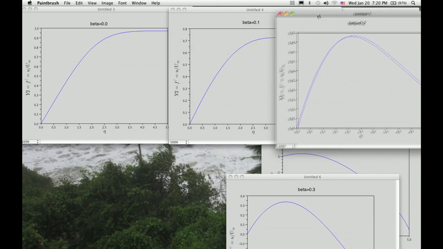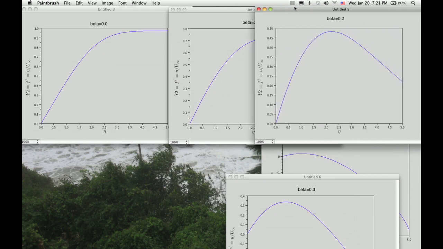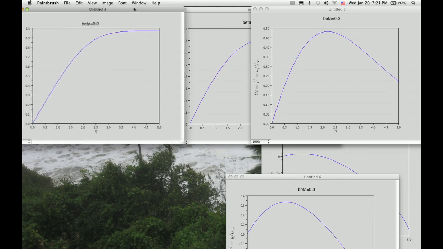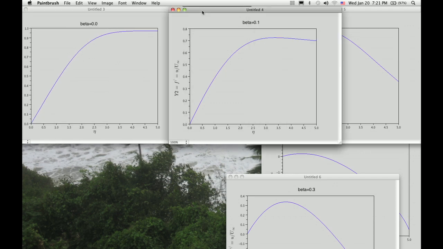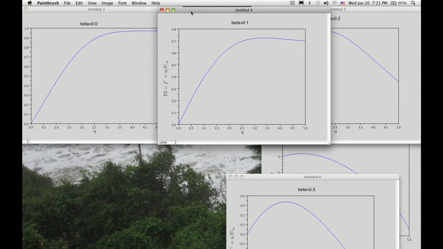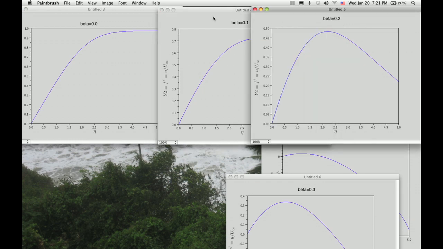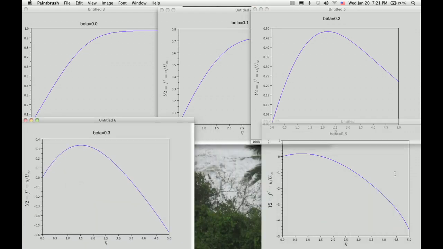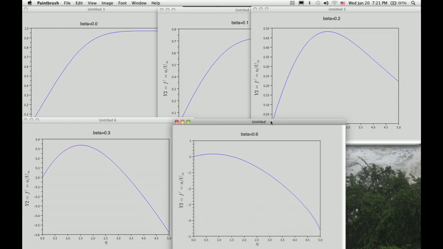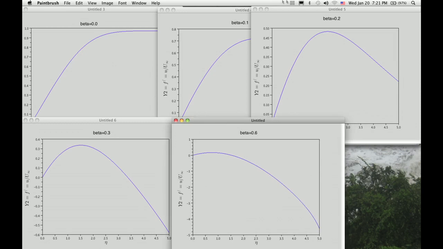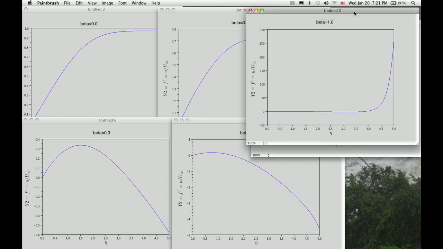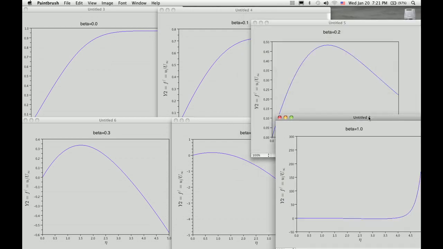And this goes down really sharp, isn't it? So you've got that, then you've got this, okay, and you've got this. It's very sharp, and then you get beta 3, and so on and so forth. So we have all these things, and then of course we have 1, which is really crazy.